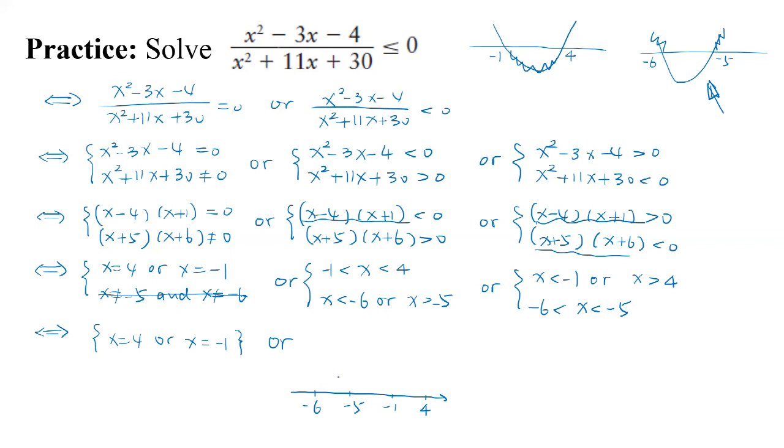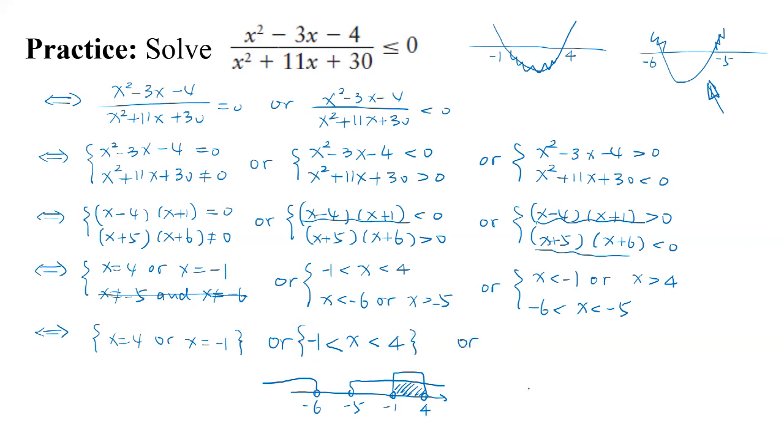First of all, x is within minus 1 and 4, which is here. Next one is x less than minus 6 or x greater than minus 5. The overlapped area is here. So x greater than minus 1 and less than 4. This is the second solution.